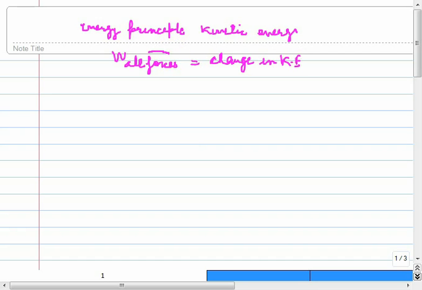What is work done by all forces? What are all forces? All forces is equal to conservative force plus non-conservative force plus applied force.